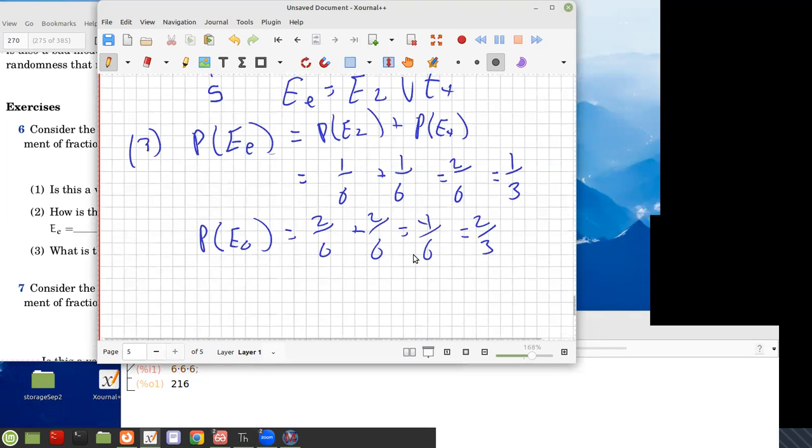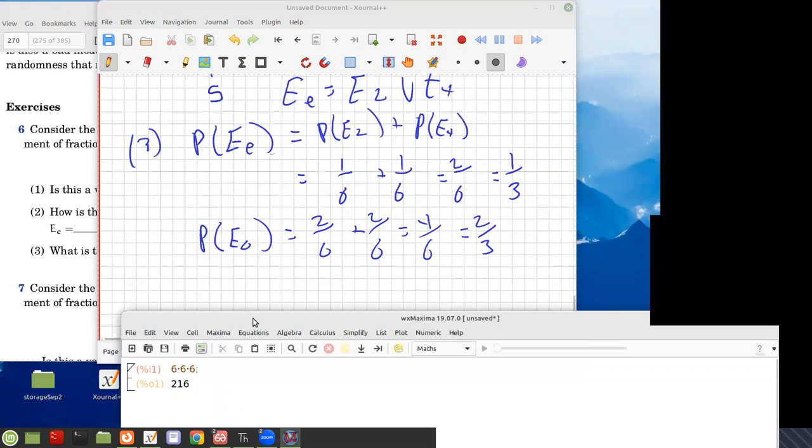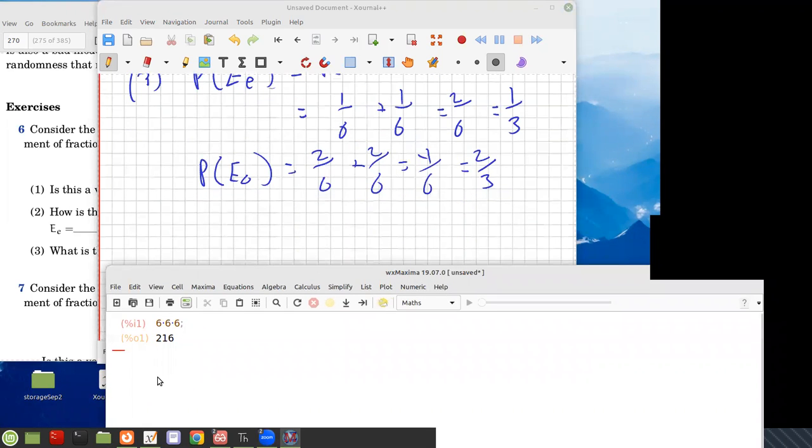Oh, by the way, let me show you one of the nice things about wxMaxima. Let's say that I didn't want to have to do these fractions. You can put in here 2/6 plus 2/6, and it doesn't give you a decimal, it naturally gets you the lowest common form, and does it as a fraction.